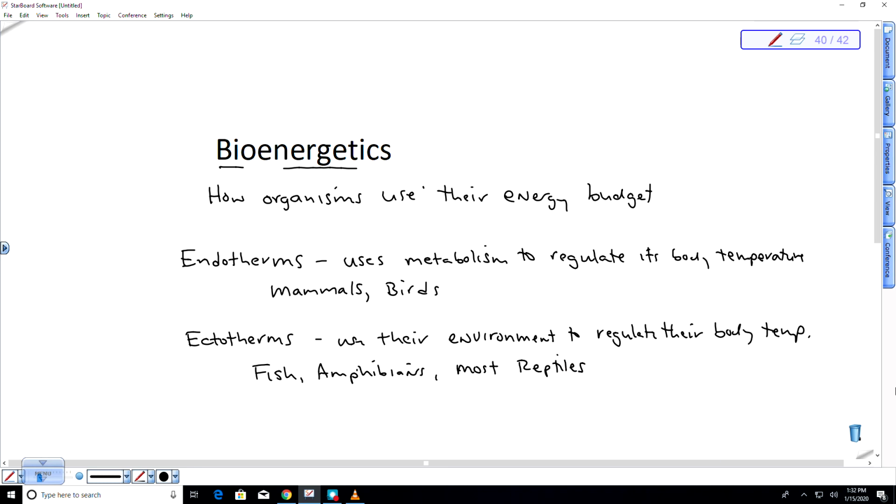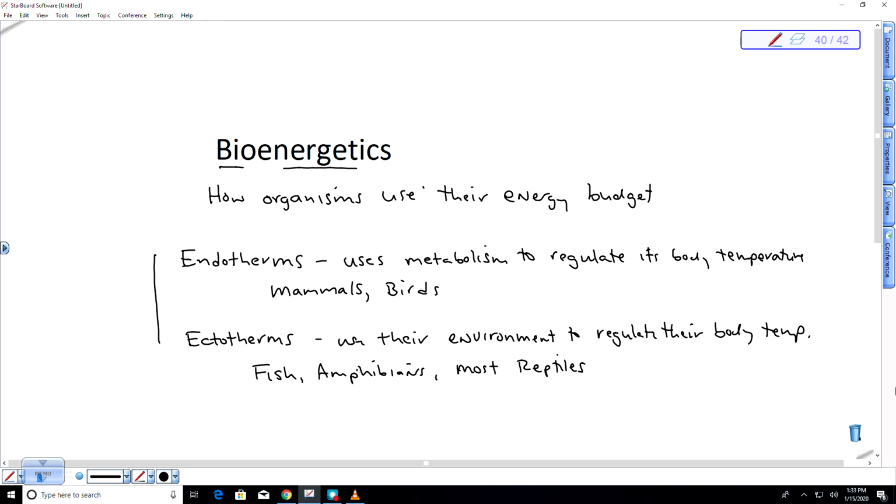So they have behavioral thermoregulation. Oftentimes in the spring you might see lizards sitting on rocks or snakes going to the road to warm up, because they need to move into a warm environment in order to be more active.